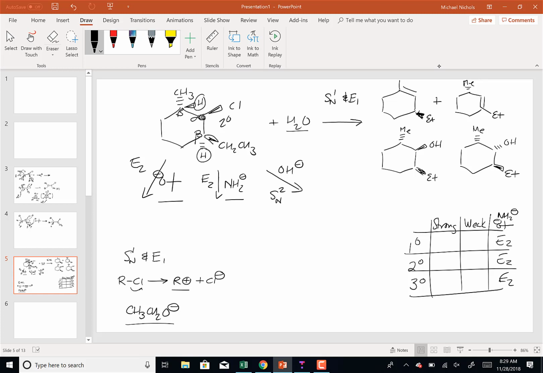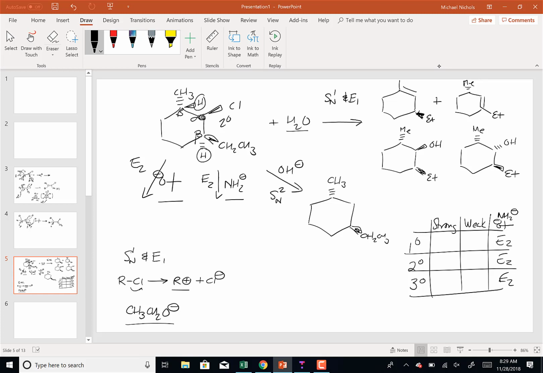For SN2, what's going to happen, though? So for SN2, the first thing I would think about is I would say, okay, I'm going to substitute the chlorine with an OH. So nothing else in the molecule changes.